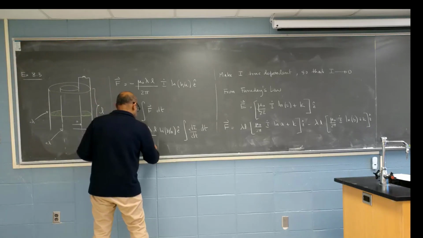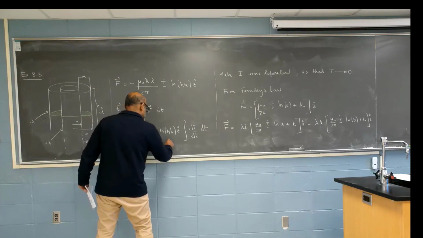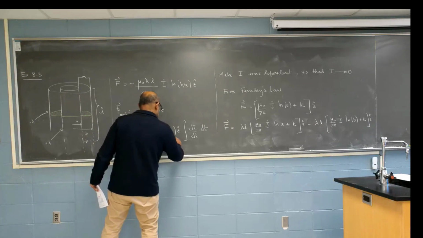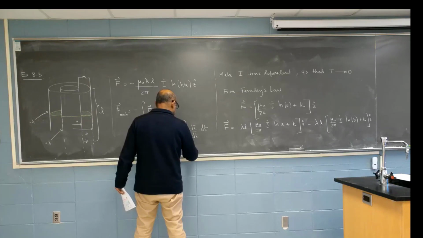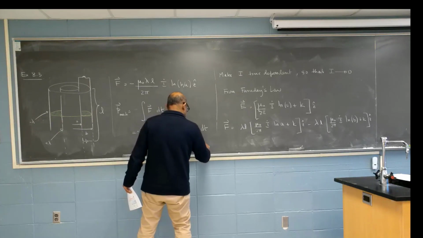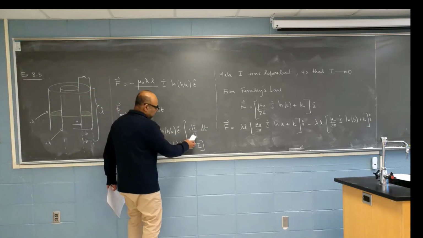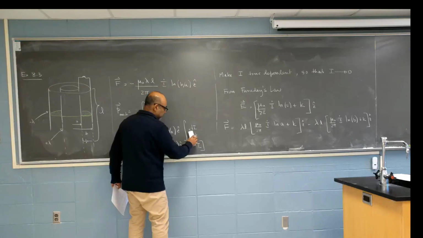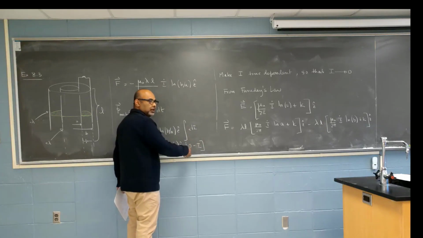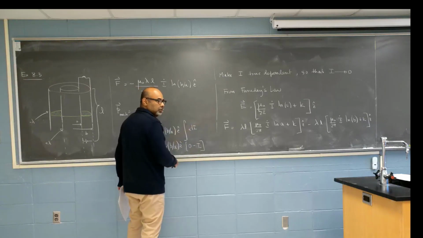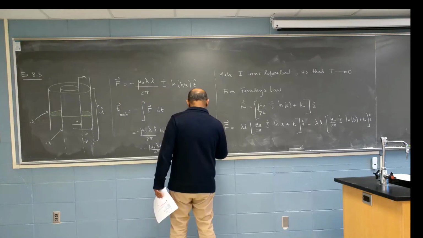So minus mu 0 lambda L over 2 pi is final I minus initial I. Because if you have d/dt over here, that's just final I minus initial I. Current is going to 0, so 0 minus I, and this cancels, and then what do we get?